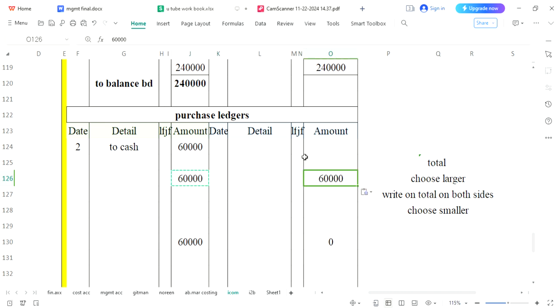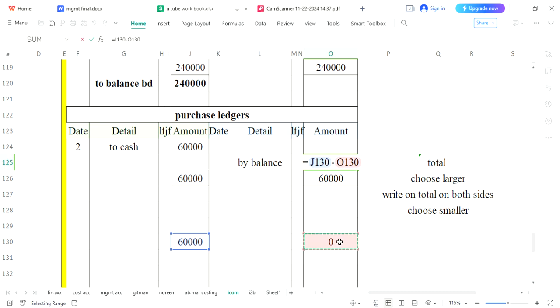Next step is to choose the smaller side. This is the smaller side because its total was 0, and here you will write the balance. And how will you calculate the balance? The first balance by subtracting the smaller amount from the larger amount. The larger amount was 60,000, the smaller 0. I am just going to write it so that you can understand.